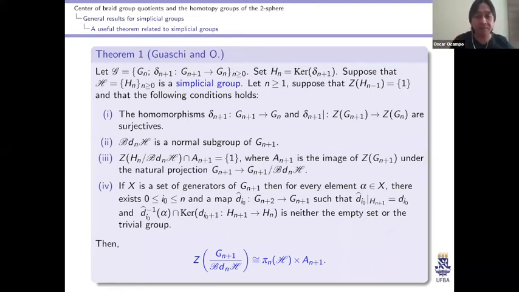And the idea is that pi n of H will be isomorphic to the homotopy groups of the sphere. So we will explain how to apply this theorem 1 for the case of pure braid groups.